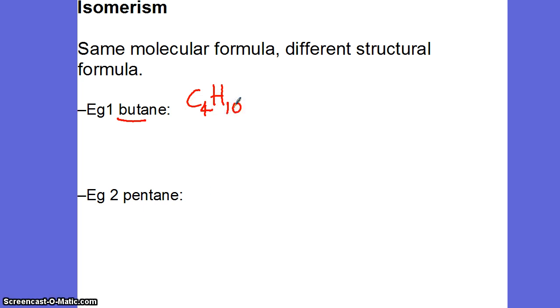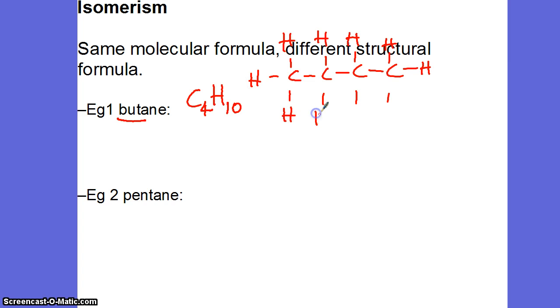And we drew it on the first page and we had a lovely straight line of those carbons. That's what we drew on the first page. But the definition, and I'm sorry I'm writing over it, of isomerism is that things can have the same molecular formula but a different structural formula.